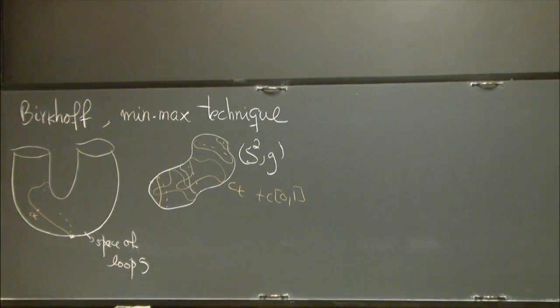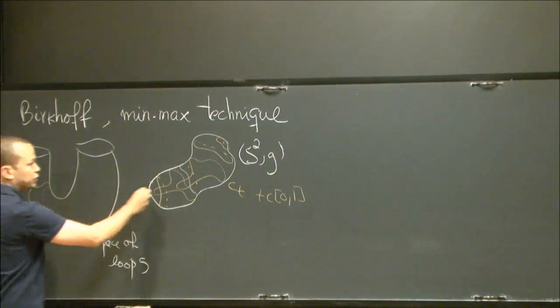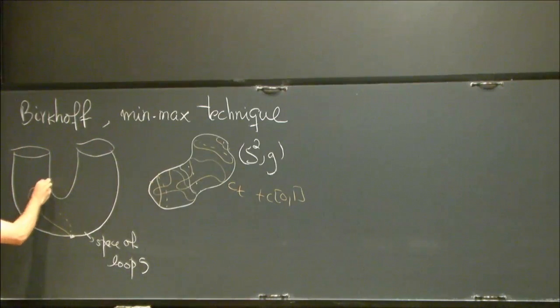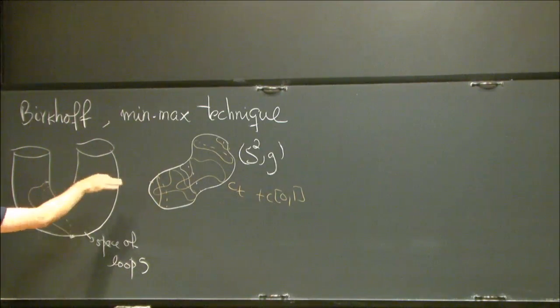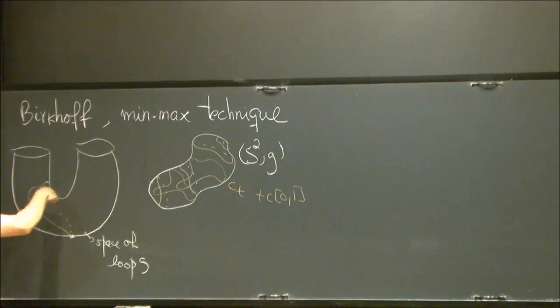So this is t in [0,1], and this would be the curve C sub t. In other words, the space of loops has non-trivial topology, and then what you can do is, for each such one-parameter sweepout, you compute the sup of the length functional, and then you minimize that, and by doing so, you actually approach the critical point.